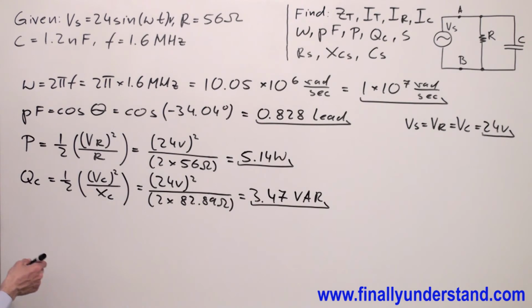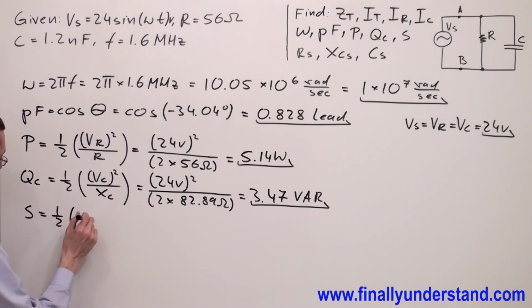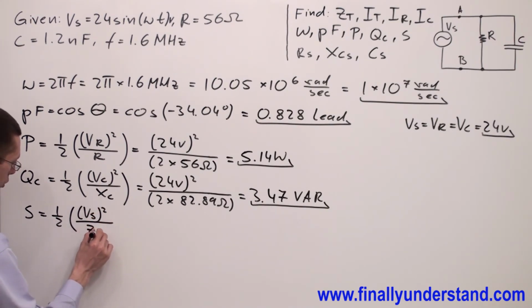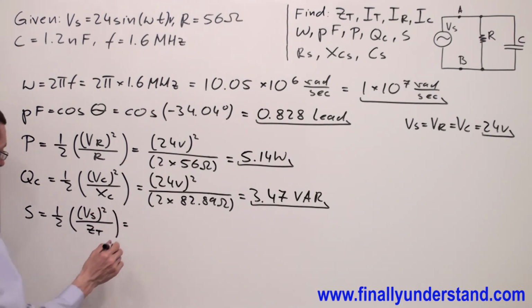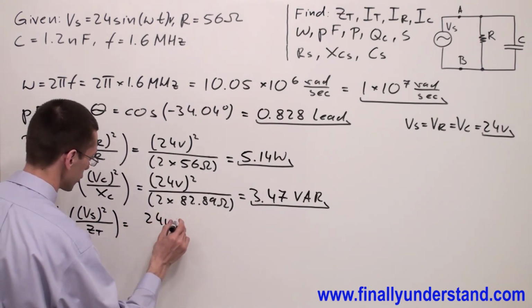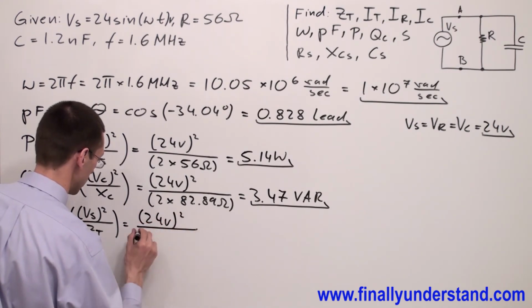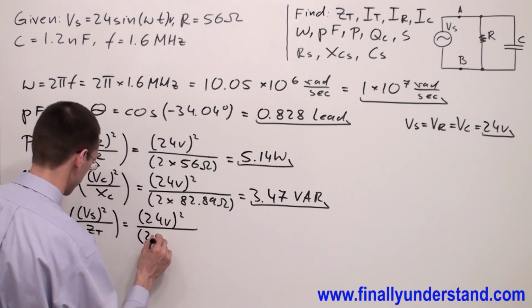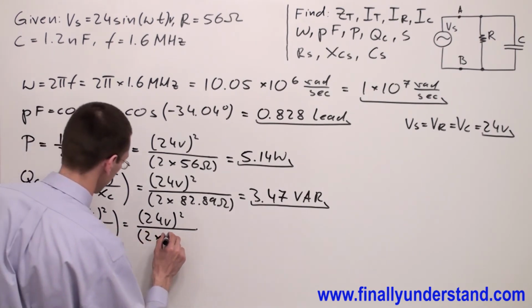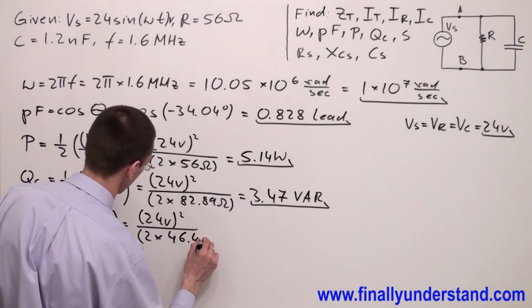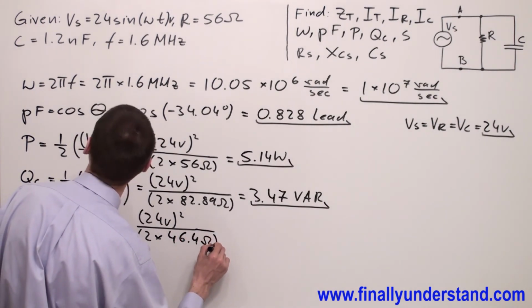Next, I'm supposed to find the apparent power, S. S is equal to 1/2, and I have voltage source raised to the second power over Z total, which is equal to 24 volts raised to the second power over 2 times Z total, which we calculated was 46.4 ohms.